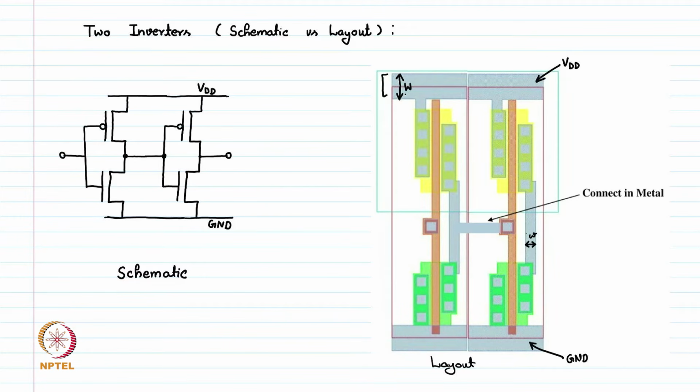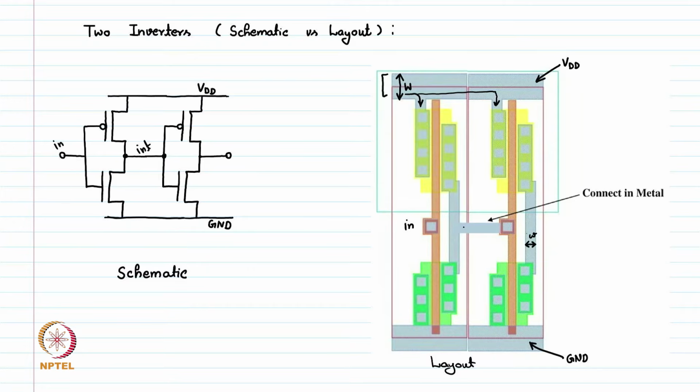So the current comes in, let's say from here, and goes here to the first inverter as well as to the second inverter here. Now the first block is the first inverter. We have this input terminal, let's mark this as input, and then we have an intermediate node here which is connecting the output of the first to the input of the second.